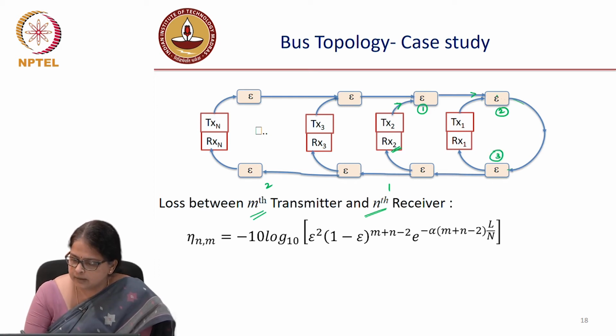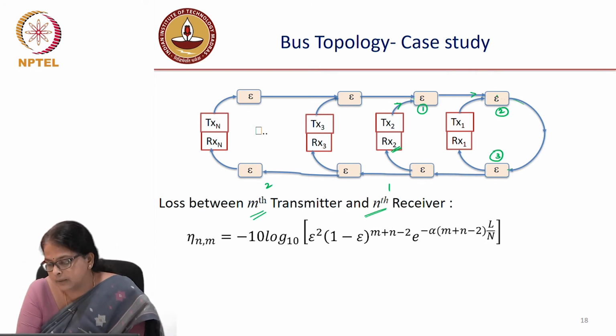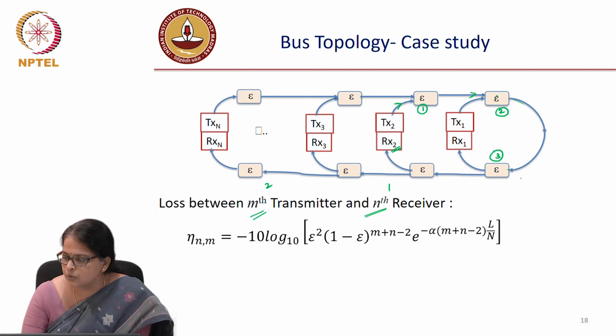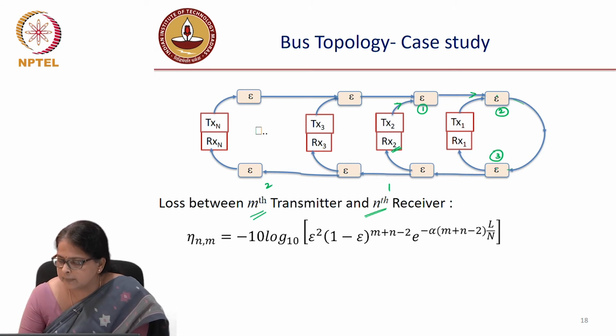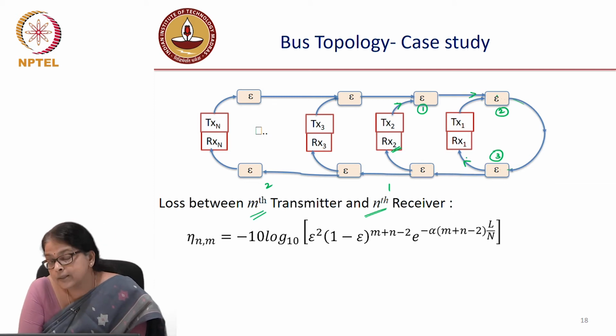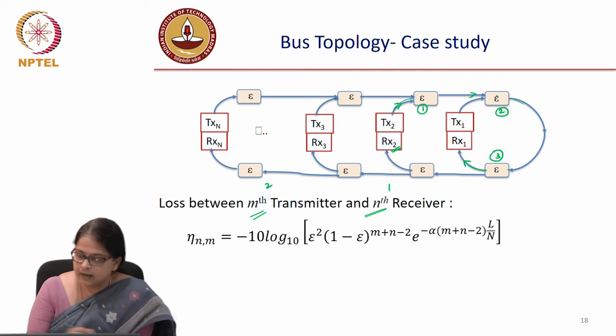It has to transmit through this epsilon, get coupled in through coupler 1. It has to bypass coupler 2 and it has to reach coupler 3 and get dropped at coupler 3. So essentially it has to pass through 3 couplers, of which there is a drop here, there is an add here, and also there is a bypass coupler here.